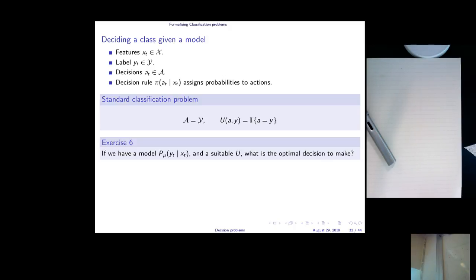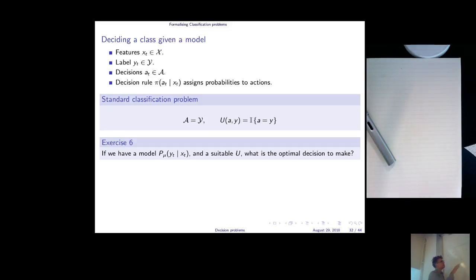The label shouldn't depend on our action, so we just remove that from the conditioning. The label is already there, we don't have anything to do with it. So that's our rule for maximizing.